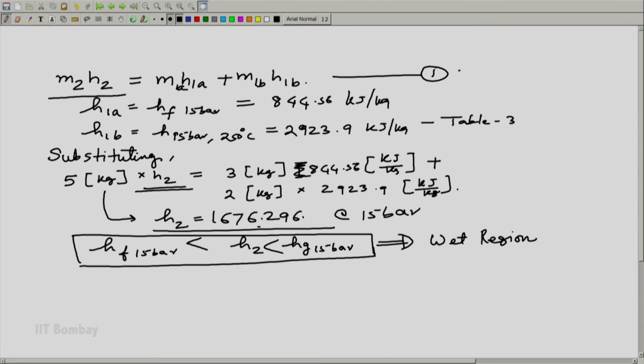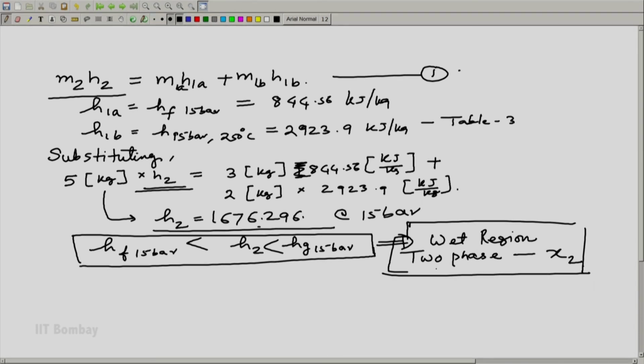When I say wet region, that means a 2 phase, and when I say 2 phase, it has to have some X2 value, alright. So, now the next important thing is to find out the value of X2. Simple formulation for X2, we know that H2 is equal to HF plus X HFG at that pressure.